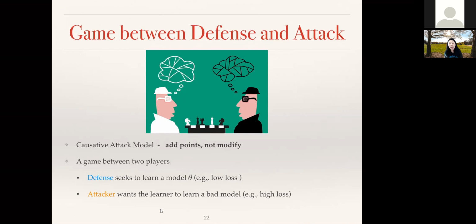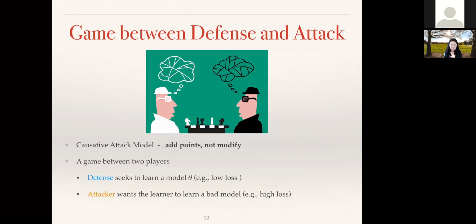But when you collect new data, then it's probably very easy that you get a poisoned example. That's what they were trying to justify. For example, if you're collecting product reviews, they could give you new reviews and something like that. So that's the causative attack model. You can add points but not modify them.